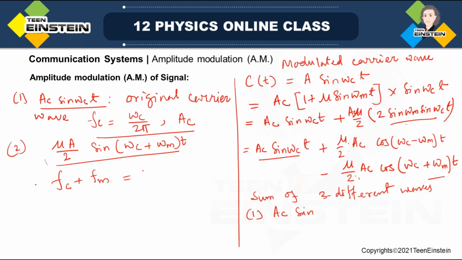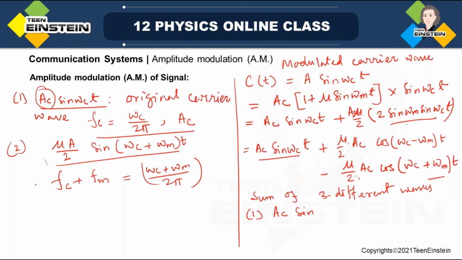The amplitude has this factor, which is much lesser, because mu is always less than 1, or at the most it can be 1. We'll discuss that also.